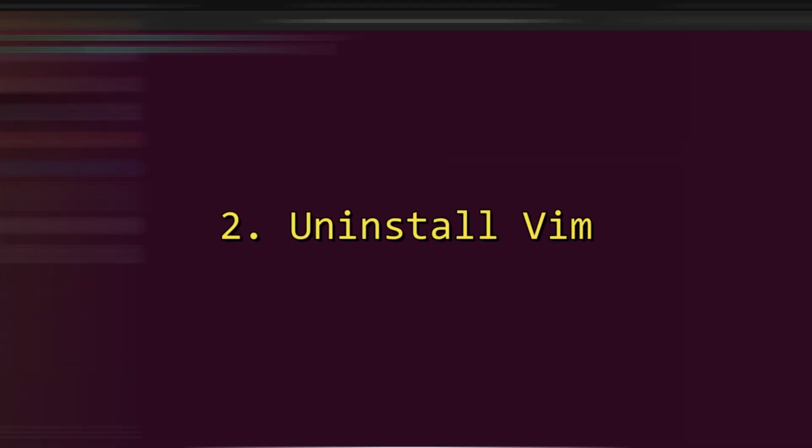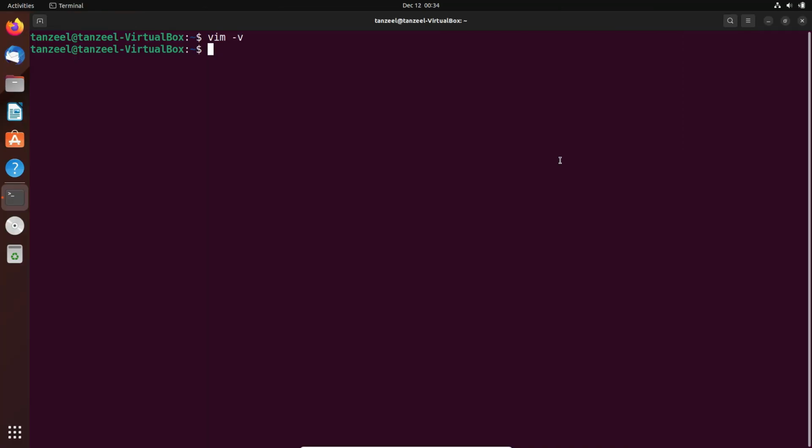Now if you want to uninstall Vim, then you can uninstall it. And to uninstall, first of all we will have to change our working directory. So just type cd space vim/src. All right, then you type sudo space make space uninstall and hit enter.